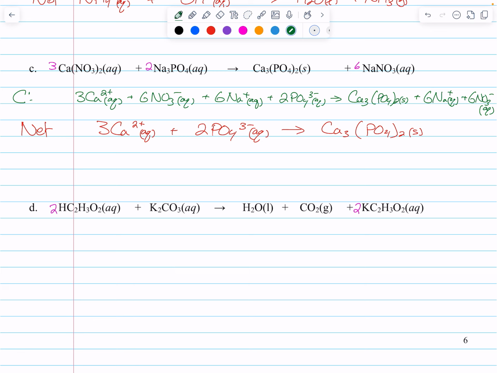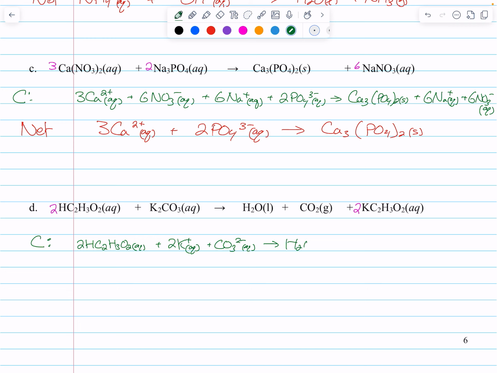So our complete, I have acetic acid is a weak acid, so 2HC2H3O2. Strong, 2K plus, CO3 2 minus.